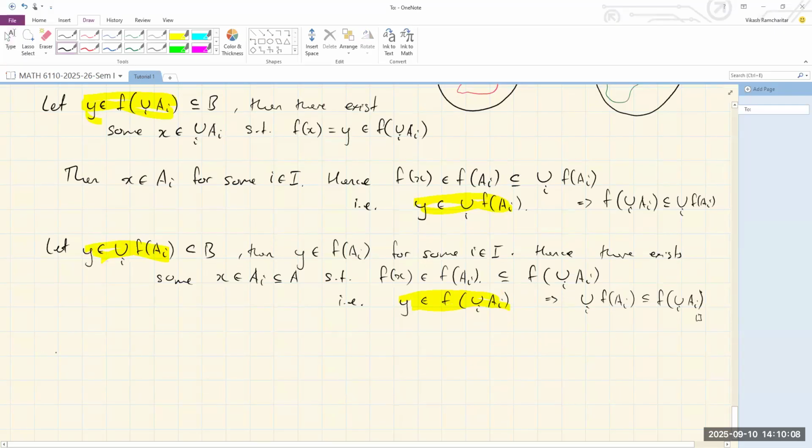So now for the third one, I'm required to prove that the pre-image of the union of the Bi's is equal to the union of the pre-images of the Bi's.